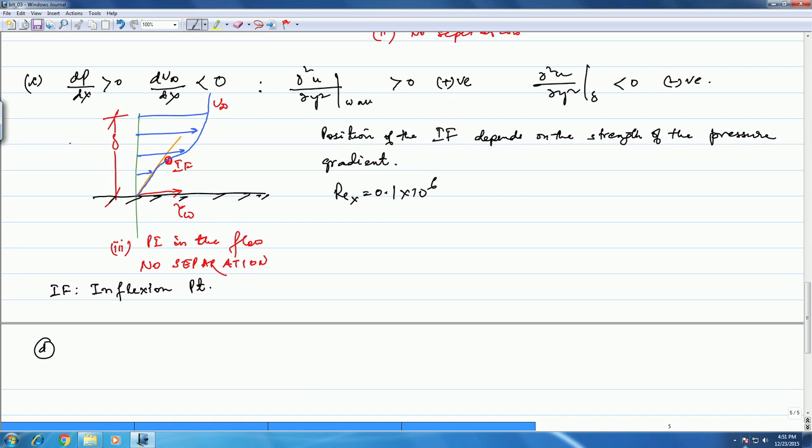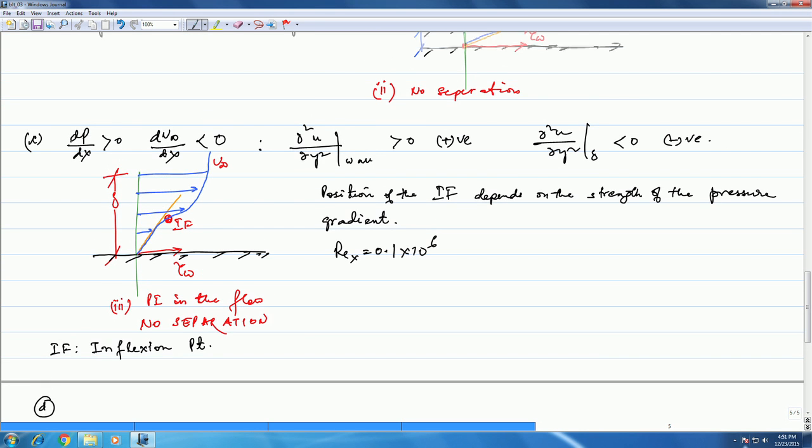Also, I would like you to notice ∂u/∂y. That is basically the slope.